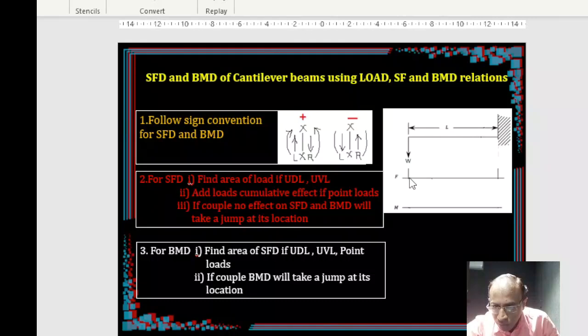So you start from here, say W, okay, with the negative sign. On the negative side you can draw, and there are no other loads, so straight away extend this, okay, to the end. That is going to be our shear force diagram. This is your SFD. So it's very easy, right?